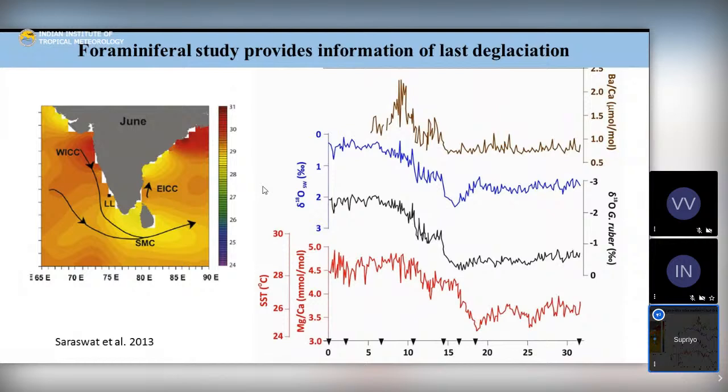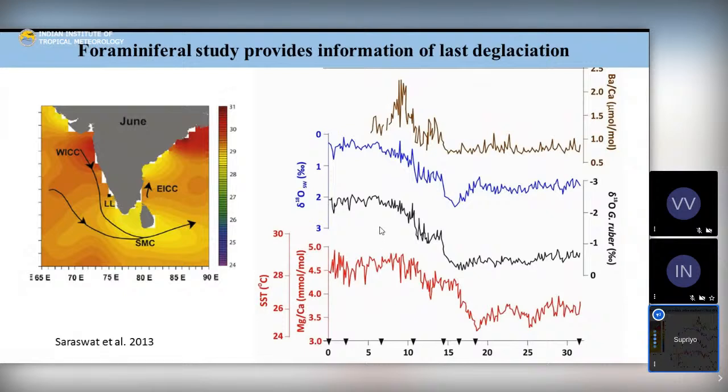But based on the speleothem analysis from different regions, it was hypothesized that the monsoon during this time underwent very rapid fluctuations. This is based on speleothem analysis from China and other places. So these authors wanted to test this hypothesis using a marine record, as mentioned earlier.